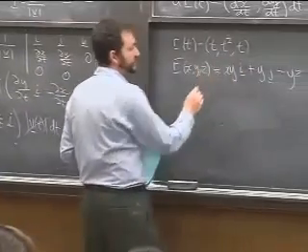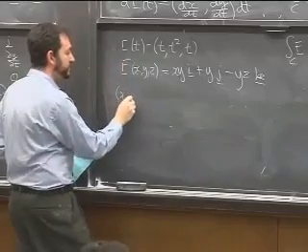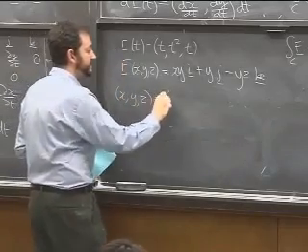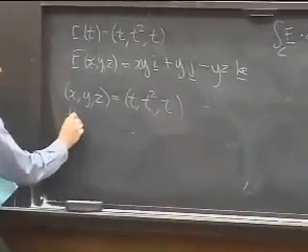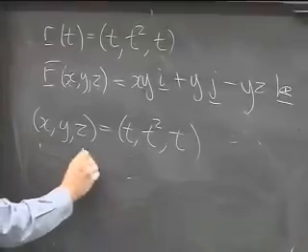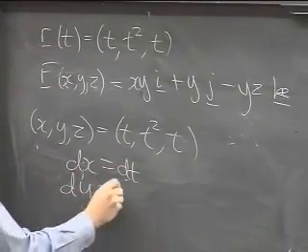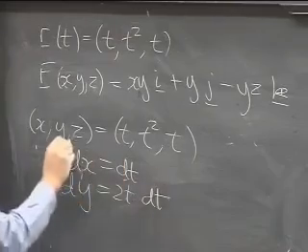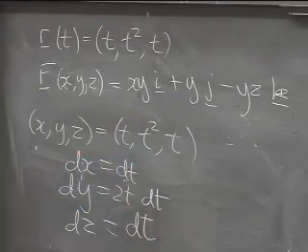Under this parameterization, if x, y, z is equal to t, t squared, t, then dx, dy, well, let's just do dx. dx is just dt. dy is 2t dt. And dz is just dt. I've just differentiated these things.